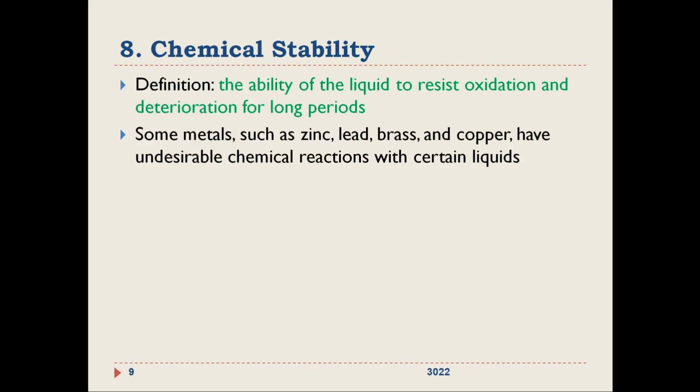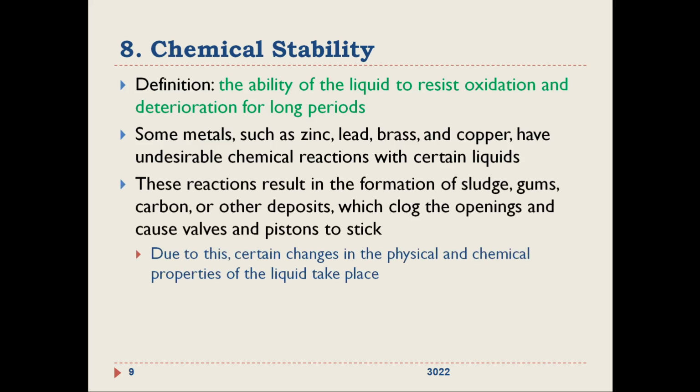Some metals such as zinc, lead, brass, and copper have undesirable chemical reactions with certain liquids or hydraulic fluids. These reactions will result in the formation of sludge, gums, carbon or other deposits, which will cause the valves and pistons to stick together. The movement will be affected.